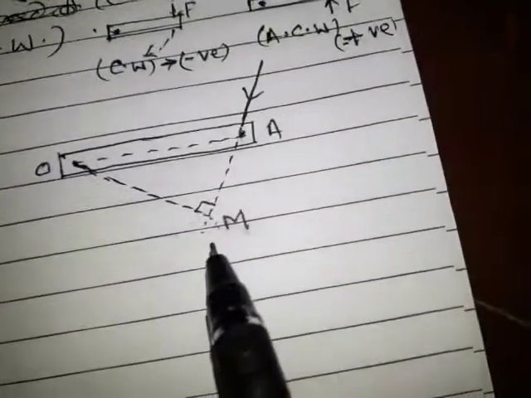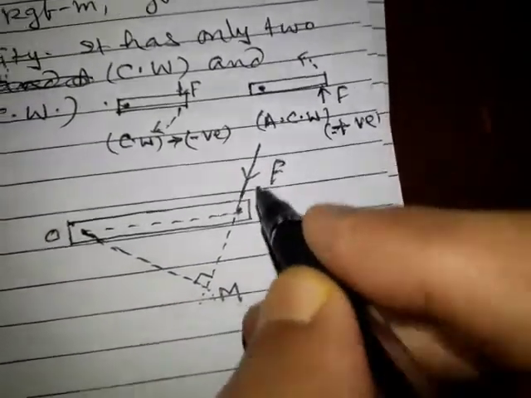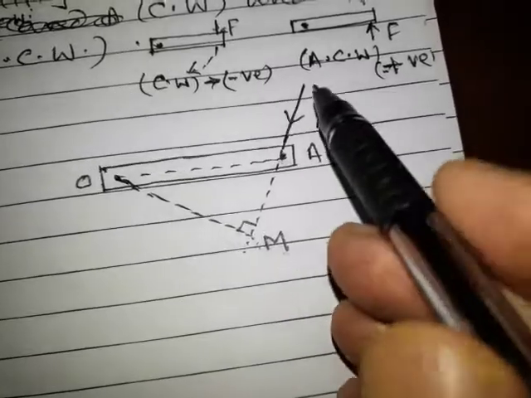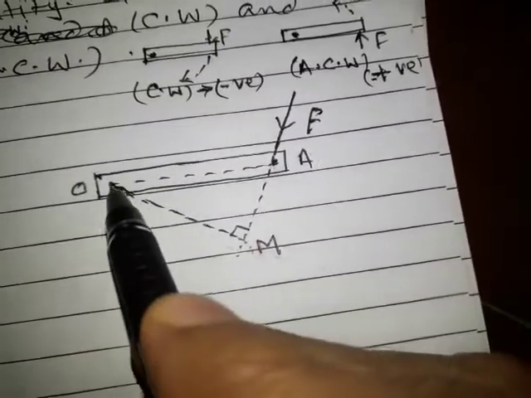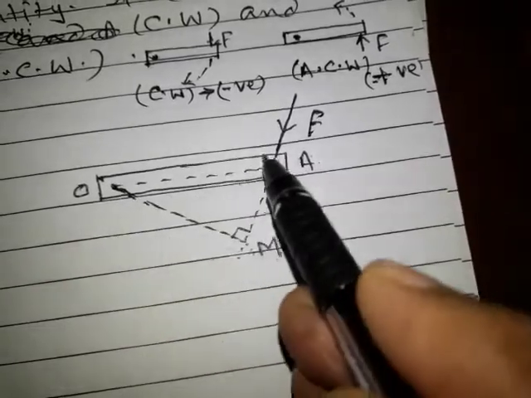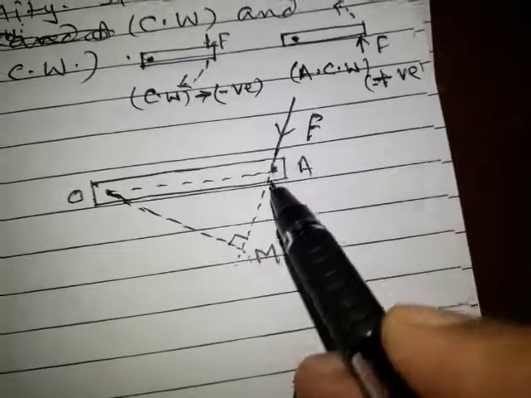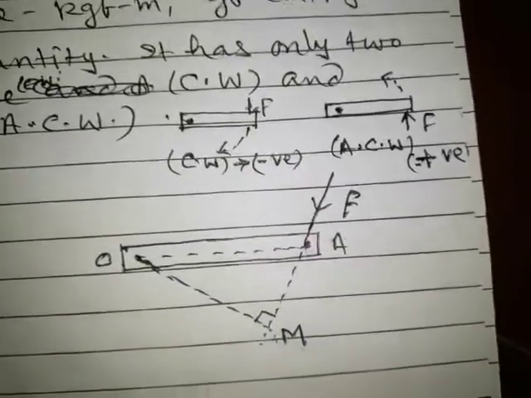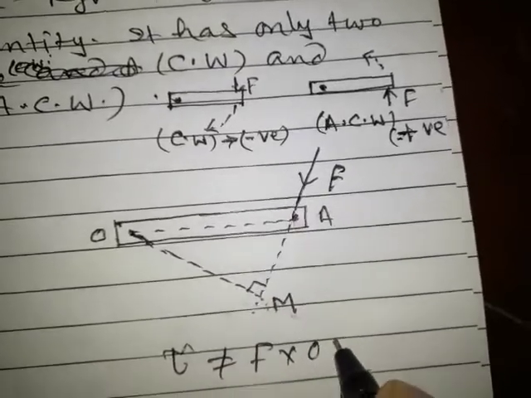But in this figure, the line of action of force is in this direction. It is not perpendicular. If you join the point of rotation and the point of application, it is not making 90 degrees. So here this torque is not equal to F into OA.